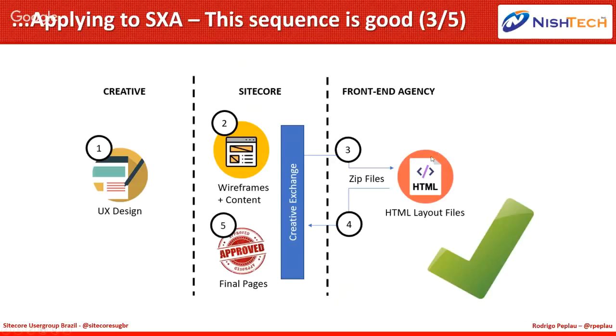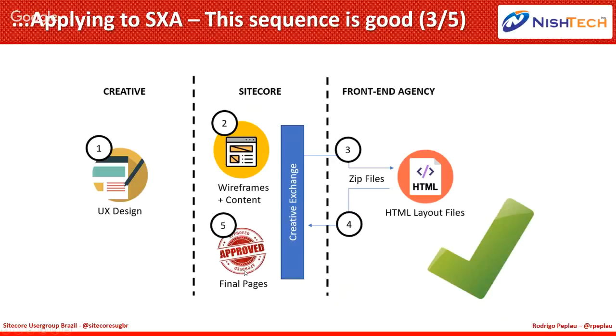The front end agency will do all the changes in that zip file, zip it back and send it back to you, so you can import it back using Creative Exchange and have that on Sitecore. Okay, so you do that loop several times until you're approved and you have the final pages.